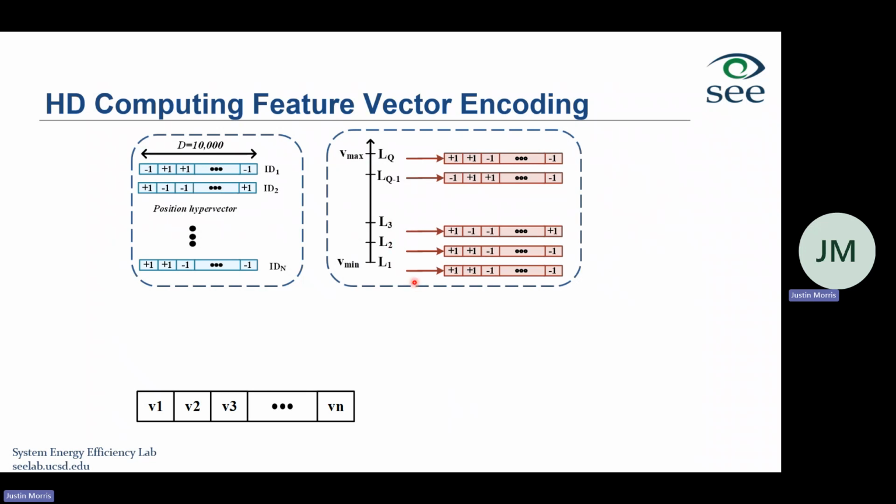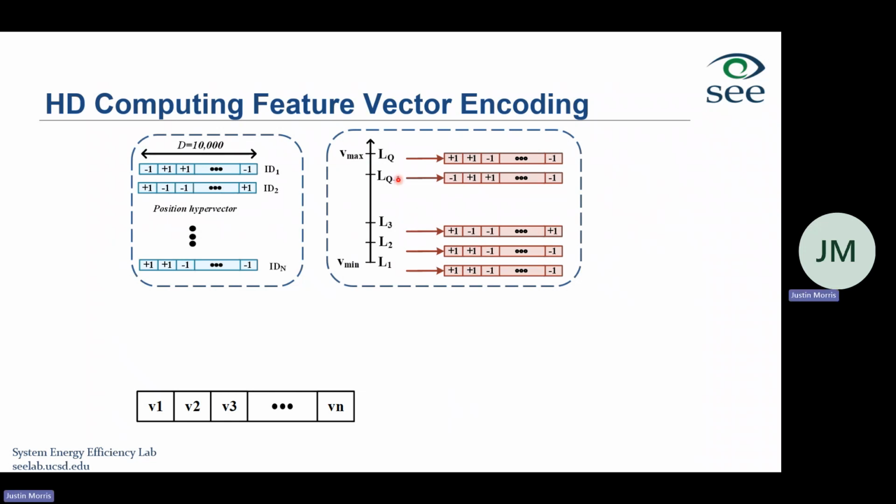One way to ensure that we don't have any loss in our encoding is we create 256 level hypervectors. One that represents 0, one that represents 1, all the way up until 255. But we could do something like we just want to create 50 level hypervectors. And then 0 through 5 corresponds to the first level hypervector, and then 6 through 10 is the second level hypervector, and so forth. But then we lose some clarity in our encoding.